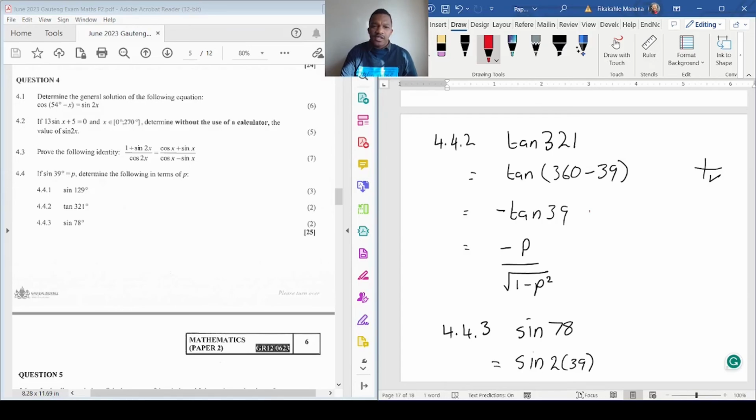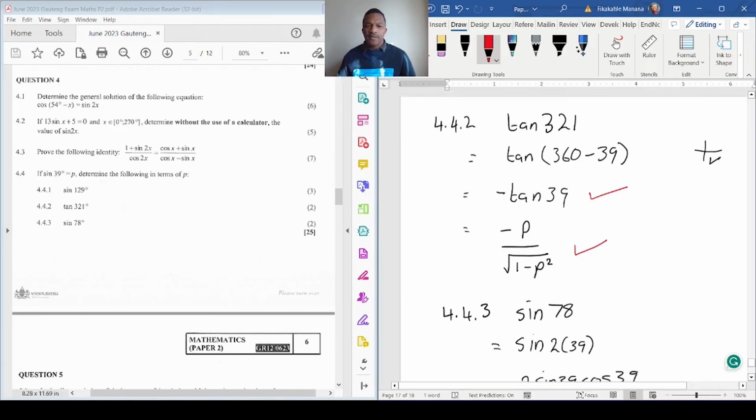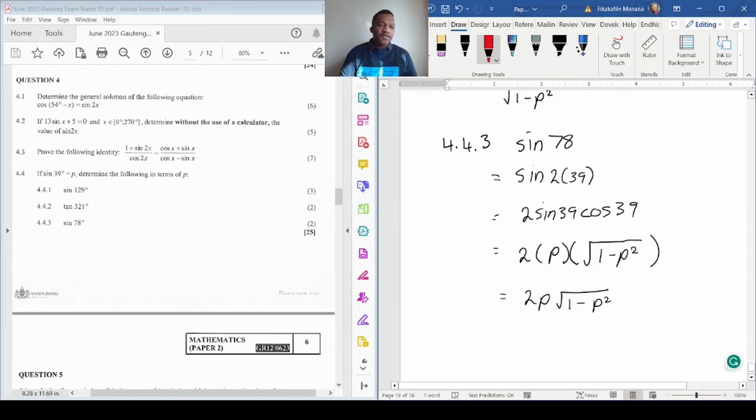First mark is recognizing the tan is 39 and it's negative. Second mark is the answer. 4.4.3 is 2 marks. Well, this question should have actually been 3 marks because the first mark is expanding the thing, and then the second mark is the answer.